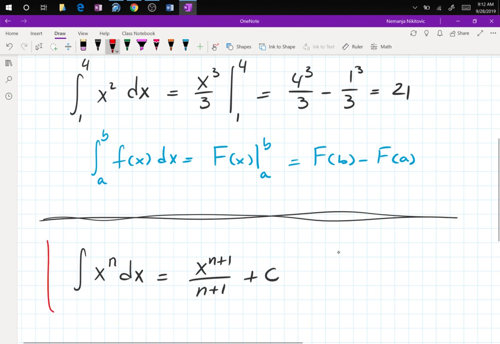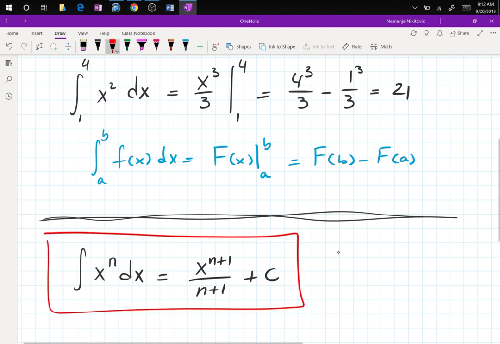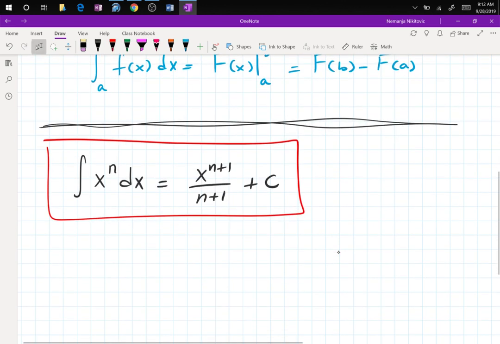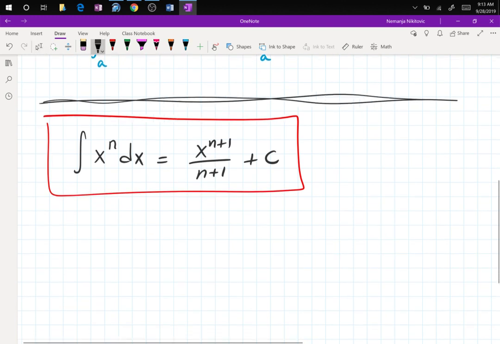So this particular formula takes care of 3 different types of functions, right? Your n can be larger than 0 and a whole number. And in that case, you have a polynomial.